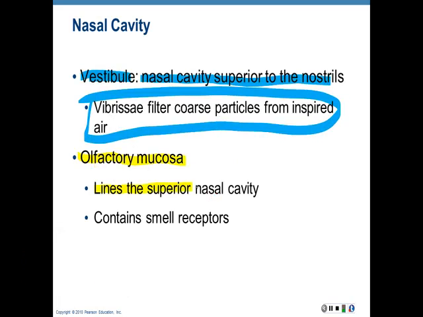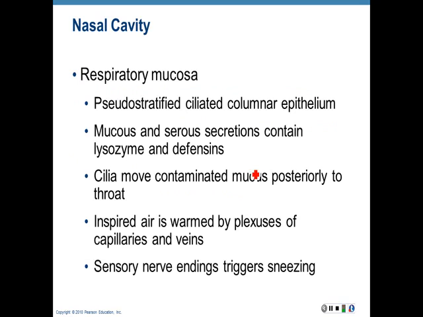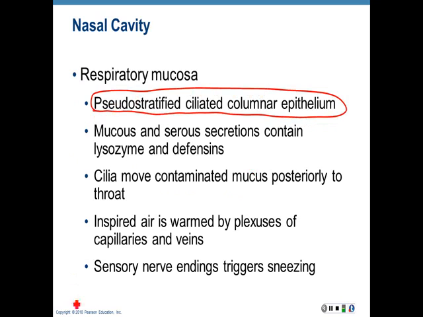The olfactory mucosa lines the superior nasal cavity, and it also contains smell receptors or olfactory receptors. That mucus lining is there to catch fine particulate matter. The respiratory mucosa, as we come farther down, is covered with pseudostratified ciliated columnar epithelium. Now, we discussed that way back in the fall when we were doing our histology chapter. These are 1 cell thick, but the cells are of different heights.